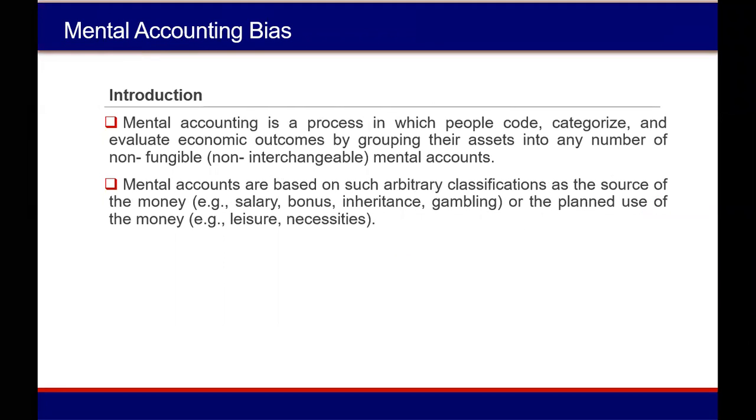Then mental accounting, you already have learned about it when we talked about behavioral portfolio construction processes in the previous class: people have a tendency to group their assets into different non-fungible mental accounts. People form the mental accounts themselves. But the money is not really non-fungible, money is fungible.